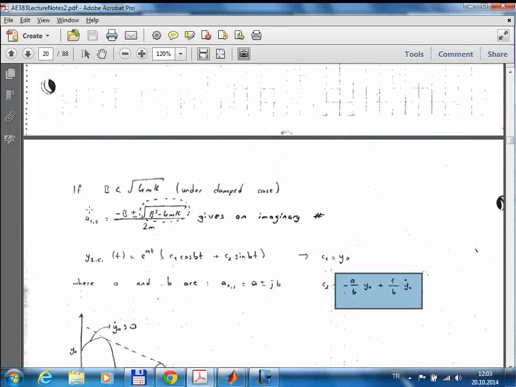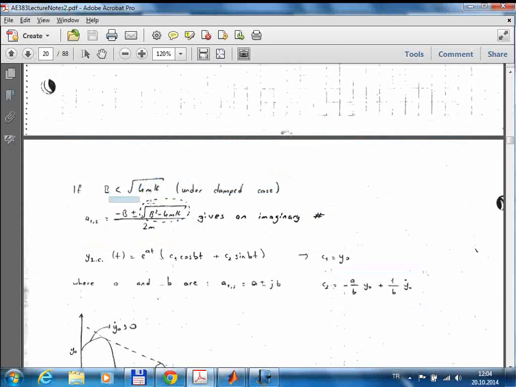So A1 and A2 are again given by this expression, but this time you will get a pair of complex numbers. In the first case, due to the other condition, this would give us a real number, and then both A1 and A2 were real numbers. But in the second case, due to the square root term, we get a negative number within that square root, which will give us imaginary numbers.